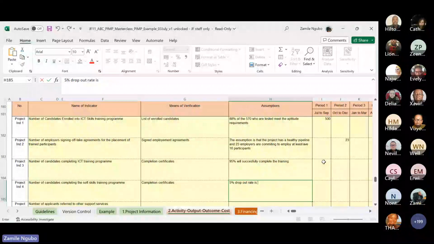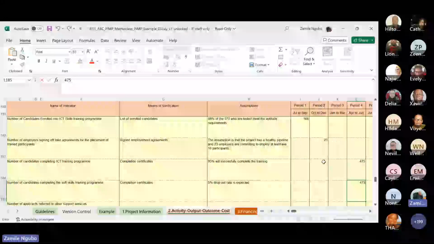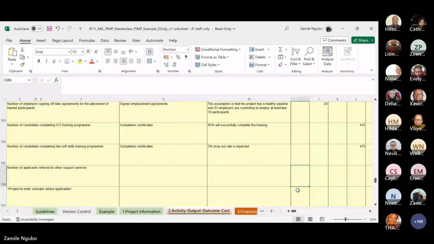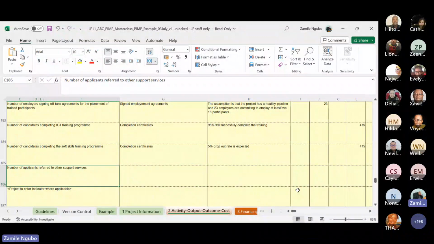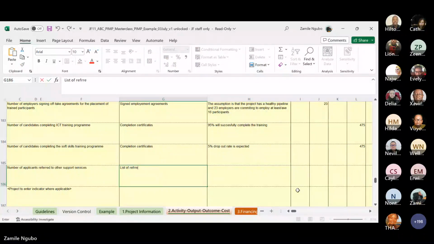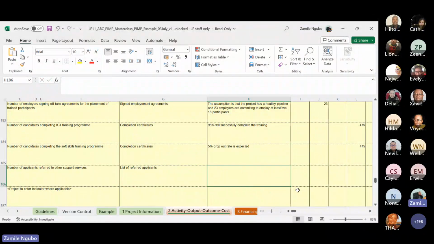Expected. So it's the ICT training program and soft skills training program. Number of applicants referred to other support services. You'll remember that we received 750 applications. We enrolled 500, then the 250 were referred. So the means of verification for that will be the list of referred applicants to other support services.